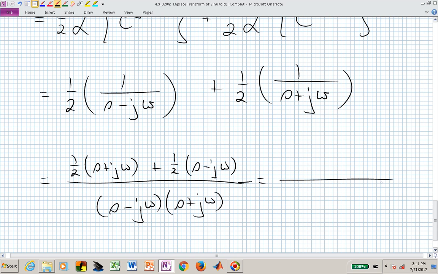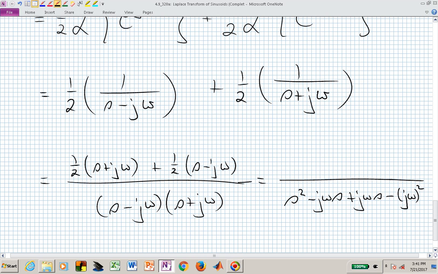For the denominator, we now have these four terms. We have s times s, or s squared. We have minus j omega times s. And we also have plus j omega times s, and we have a minus j omega squared.